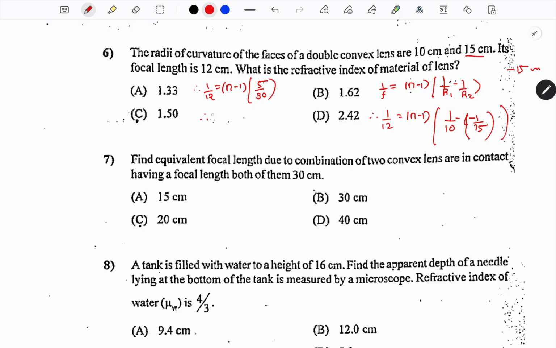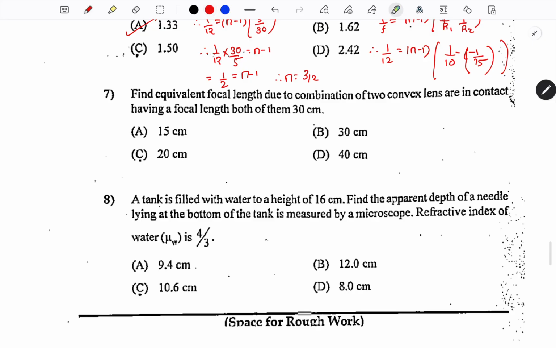We can also write this as 1 by 12 multiplied by 30 by 5 is equal to n minus 1, and on solving this it will be 1 by 2. So 1 by 2 is equal to n minus 1, therefore n is equal to 3 by 2, which is 1.5. Next question.